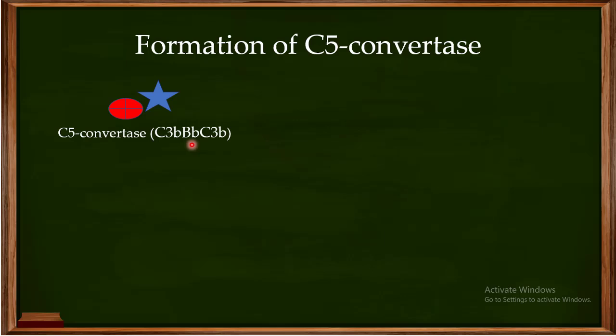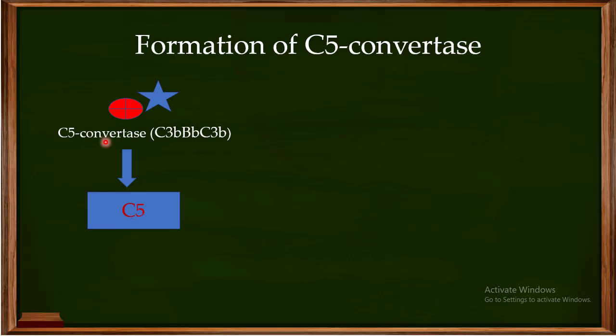Now you have cleaved the C3 utilizing the C3 convertase, and you are getting this C3b. So this C3b was produced spontaneously, and then it was interacting with the Bb. Now this other C3b has been produced by the C3 convertase. So when these three combine with each other, you get the C5 convertase.